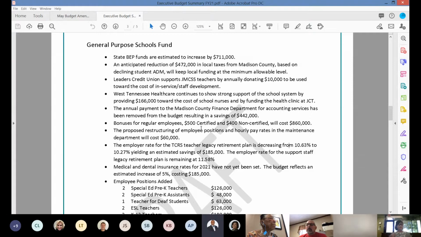That's based on an average weighted ADM of reporting months 2, 3, 6, and 7. And so the state had those numbers when they sent us the April BEP estimates. And so that's where we got that ADM. Okay.